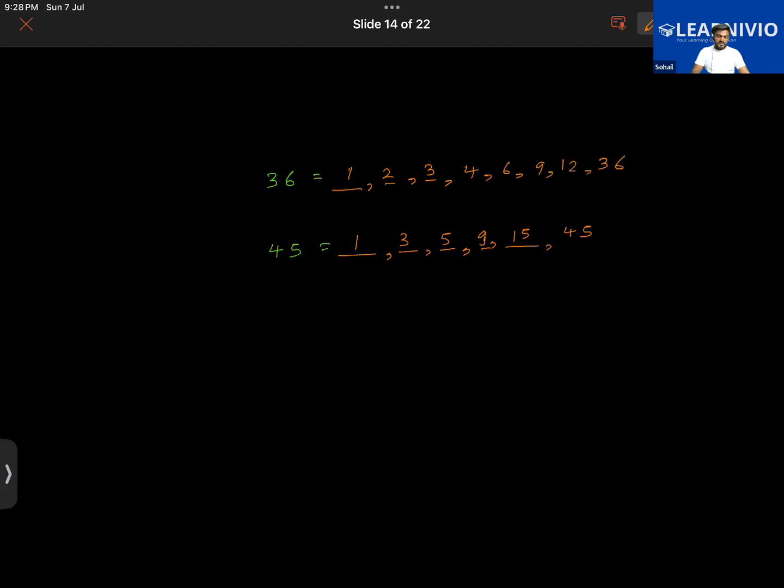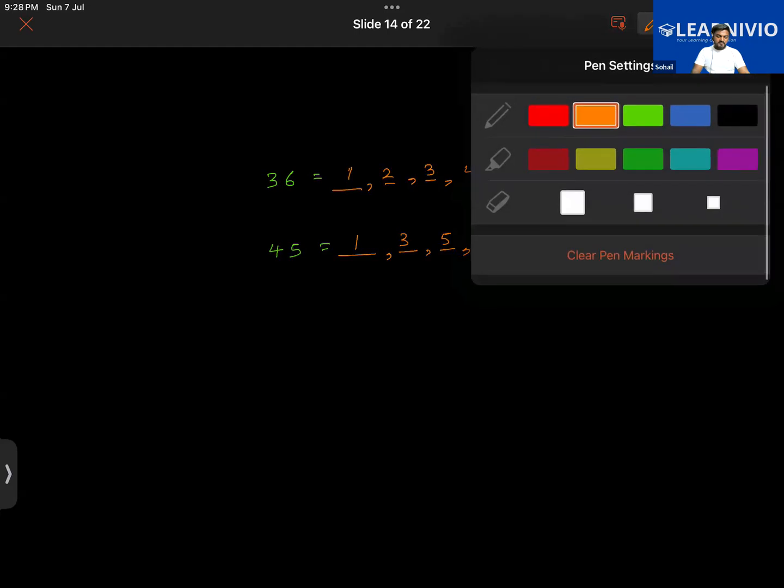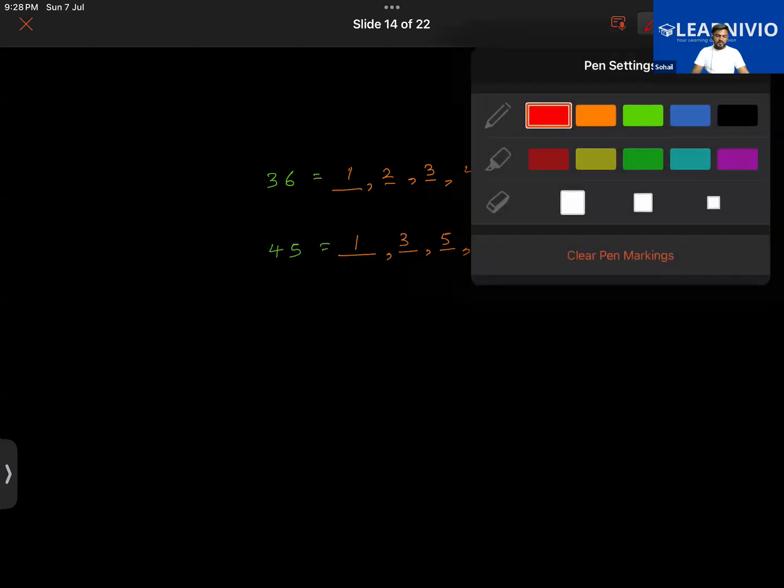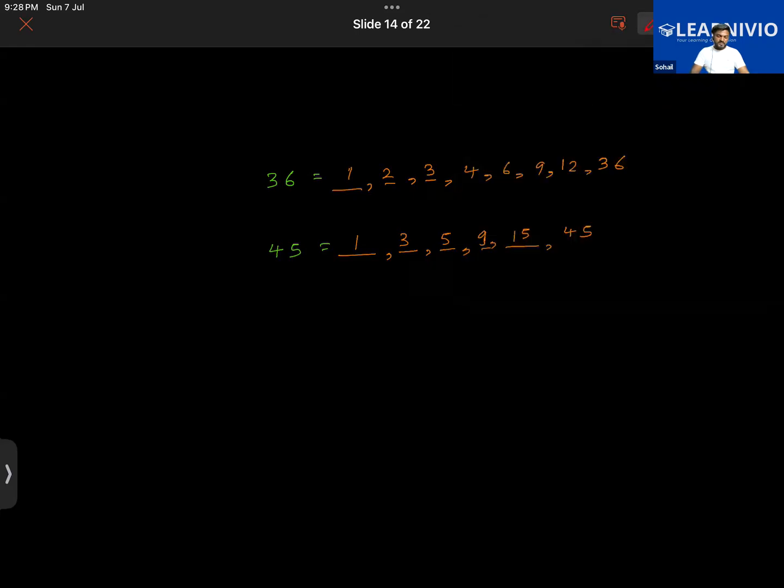Now you guys tell me which factor is common to both of them, but it should be maximum in size, which is the greatest common factor. Like we know, 1 is a common factor. 3 is also a common factor. After 3, 9 is a common factor.